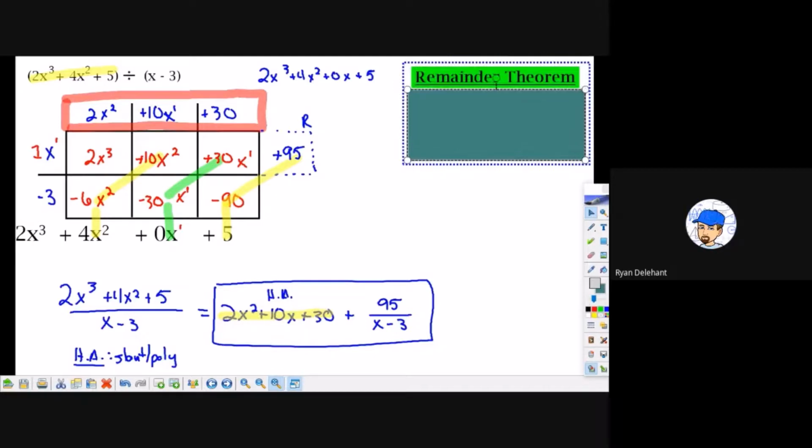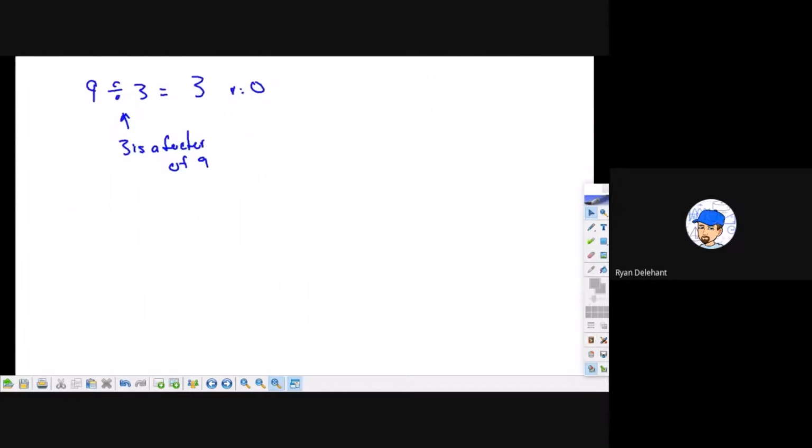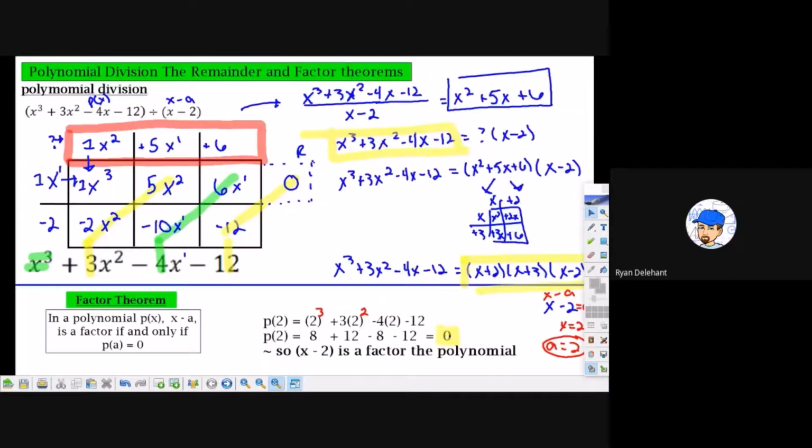So we're going to talk about the remainder theorem. Full disclosure, the remainder theorem and the factor theorem are the same thing. Why did we call this one the factor theorem? Because we found a 0 when it came out, right? But overall, this number right here is the remainder.